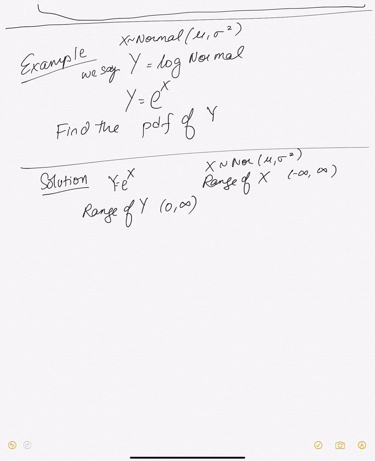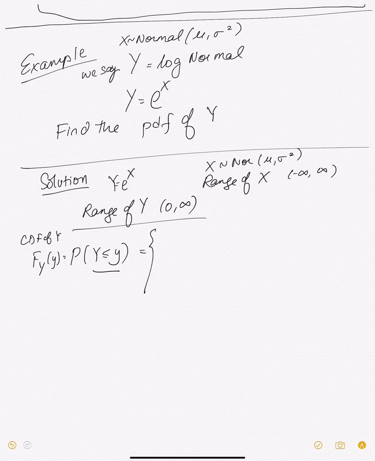Okay, so it's important to observe this because now we can see the probability F sub y of y, that's the CDF of y. That's the probability y is less than or equal to little y. By definition, you know y is never less than 0, or you will say that y is less than 0 with probability 0. So you put 0 if y is less than or equal to 0, or even less than 0, it doesn't matter.